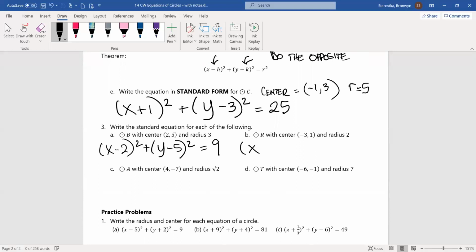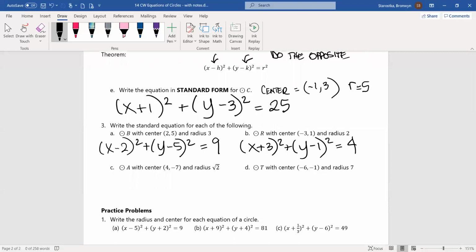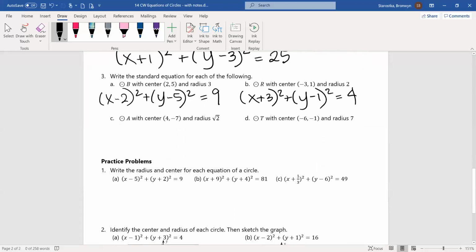X opposite negative 3 is positive 3. Y opposite 1, 2 times 2 is 4. Let's do C and D together. We have X opposite 4, opposite of negative 7 is plus 7.